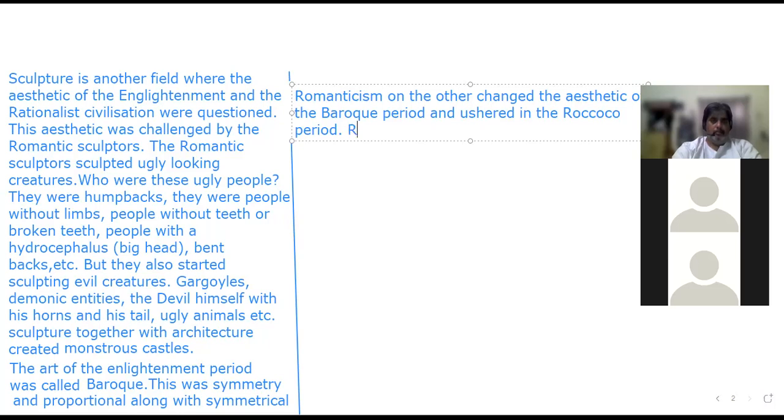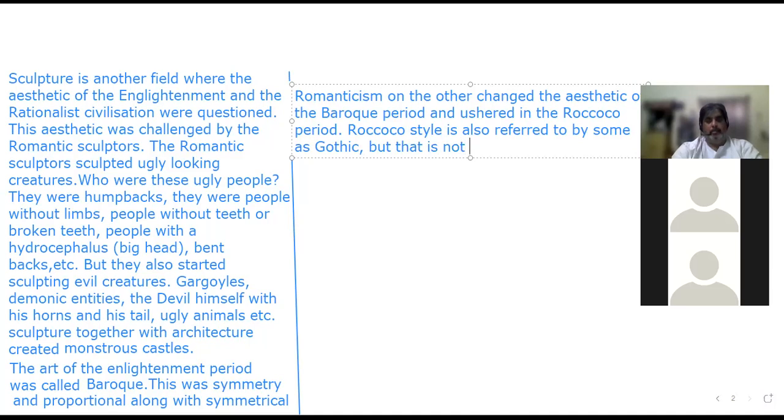Also, Rococo style is also referred to by some as Gothic, but that is not appropriate since Rococo was much more multi-dimensional than Gothic was.